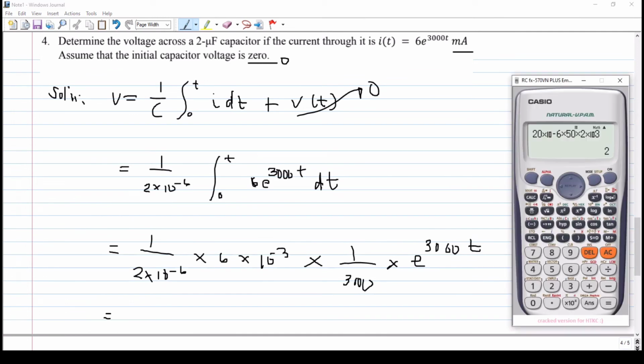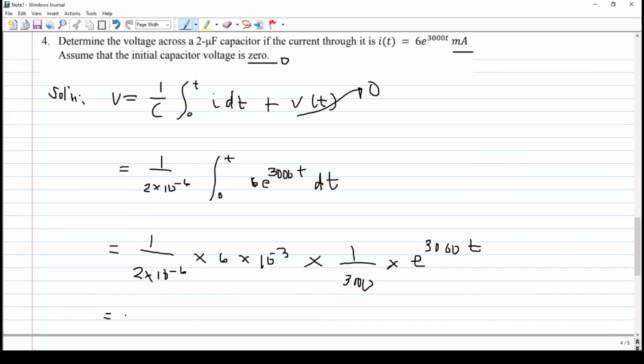Okay, so calculate. Okay, that is 1 times e to the power 3000 t.